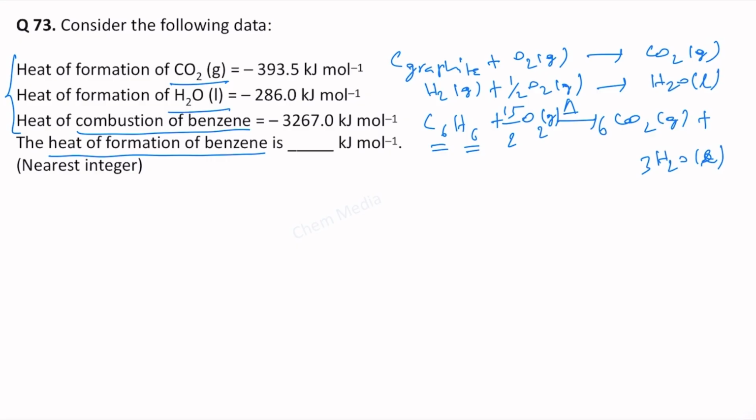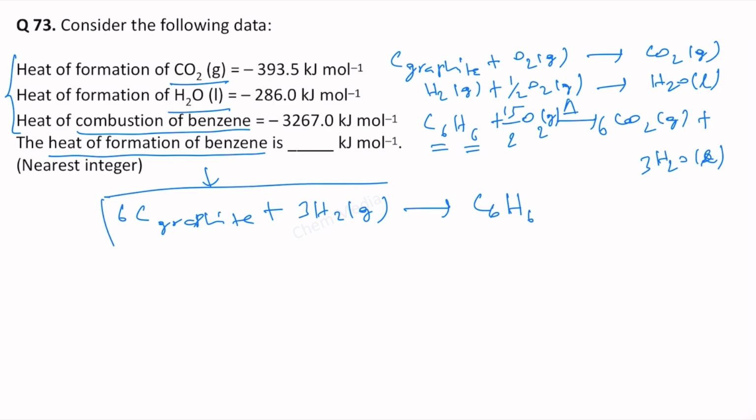For this one also we have the data. For the heat of formation of benzene, what equation can we write? If we say 6 carbons graphite plus 3H2 gas, that is C6H6.